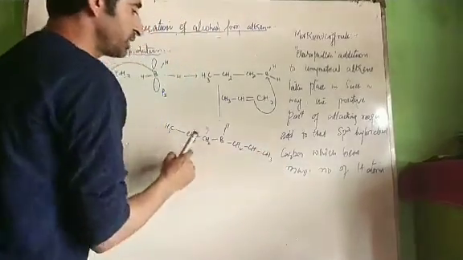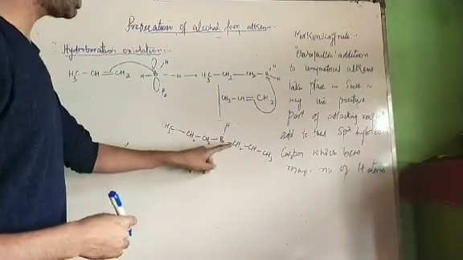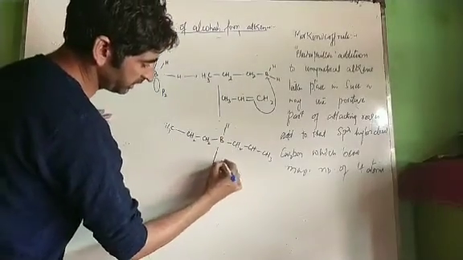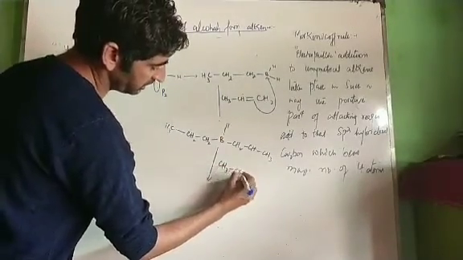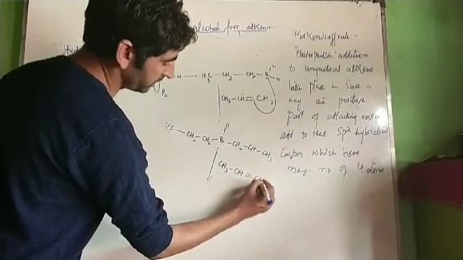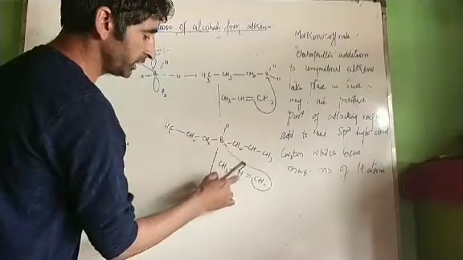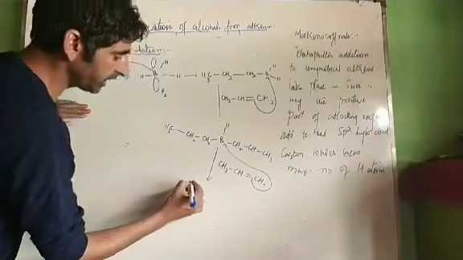Now there is still boron. There are still how many bonds? 1, 2, 3. It can add to one more alkene, CH3, CH double bond CH2. Now what happens? This bond attacks over boron, and hydrogen attacks over here. We get the trialkyl derivative.